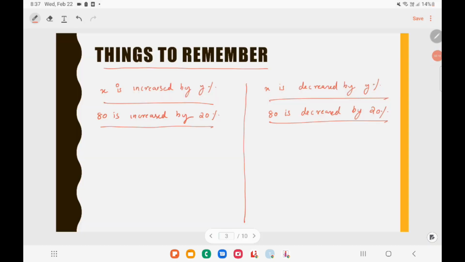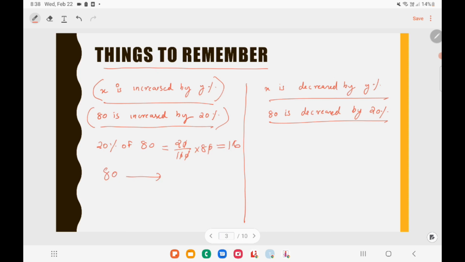So let us see two more concepts. If you are asked like X is increased by Y percentage, for example 80 is increased by 20%. There was 80 and it is increased by 20%, so what is the value now? What you need to do is first find out what is 20% of 80. 20% of 80 means 20 by 100 into 80. You will get 16. Earlier it was 80.